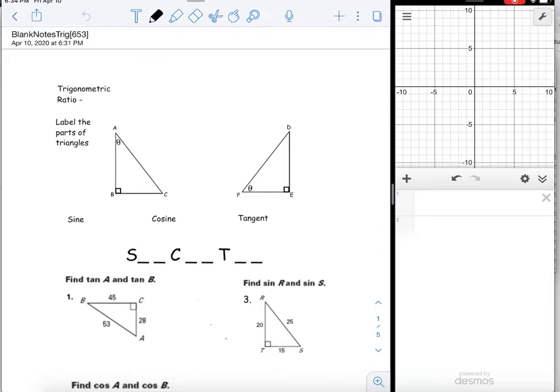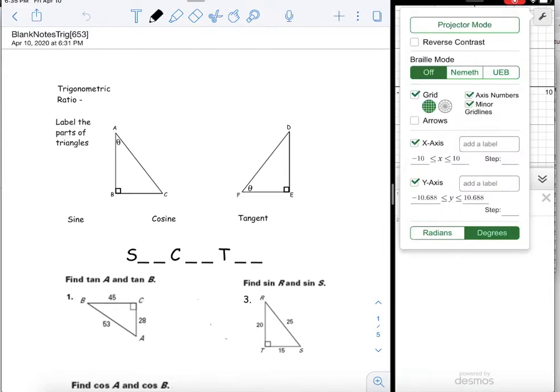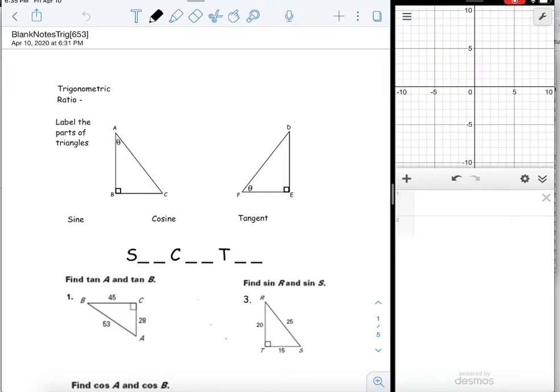So if you push the little wrench icon that is in the top corner of the Desmos app, it gives you some settings. At the bottom, you'll see radians and degrees. You need to choose degrees there. The default for every calculator is radians, so make sure you go to degree mode.